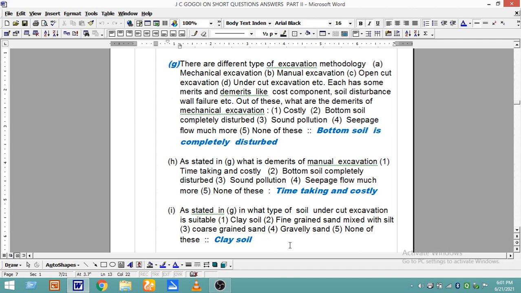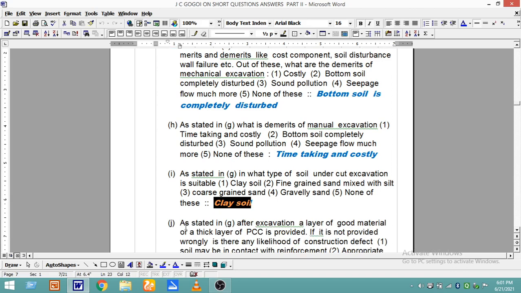For this type of undercut excavation, the only suitable soil is clay soil. This is the correct answer, clay soil.